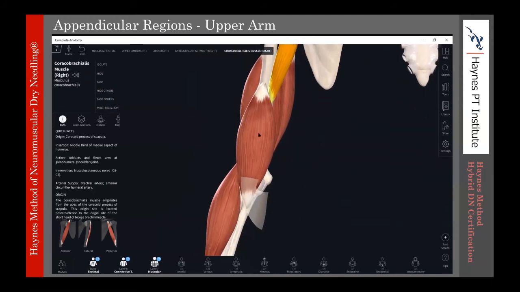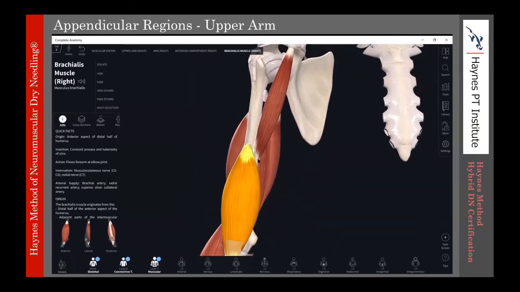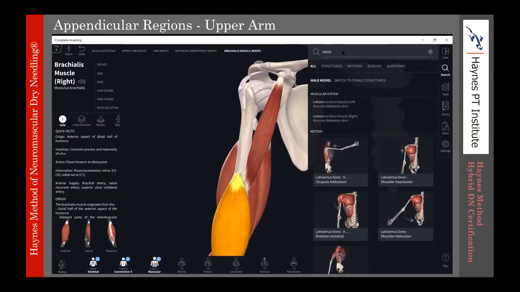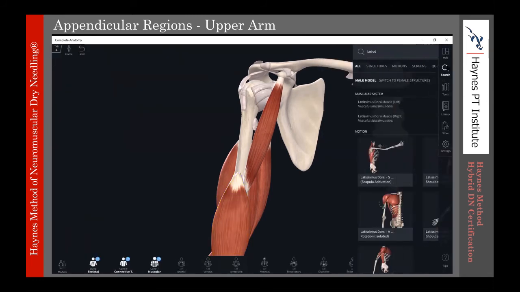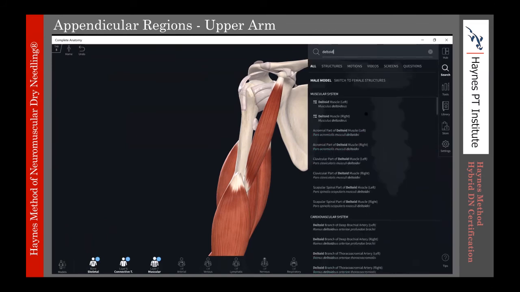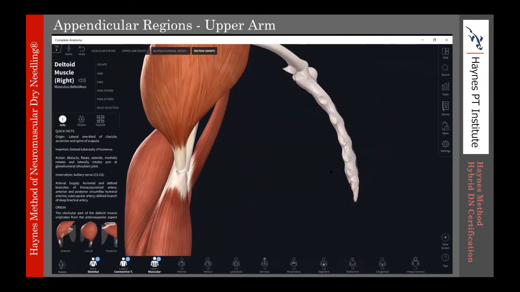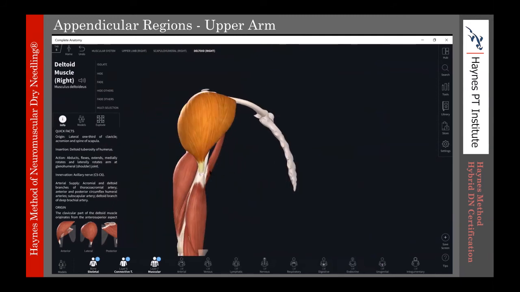We move further distally, and then we will find brachialis. Its origin is the anterior aspect of the distal half of the humerus, and so I'm going to bring the deltoid back in. It's a nice landmark. So we look at the location of the deltoid as it attaches onto the deltoid tubercle.